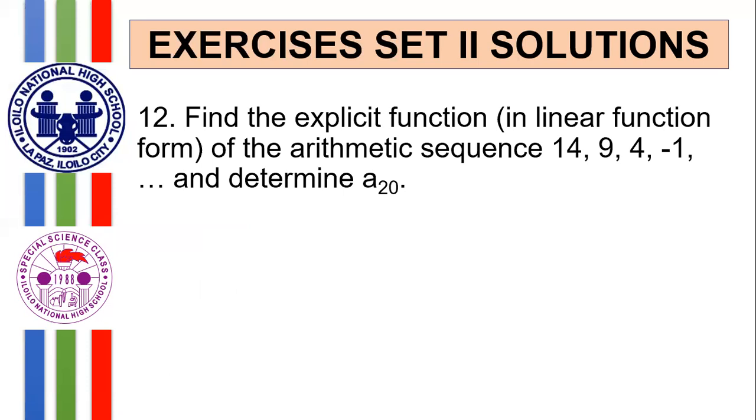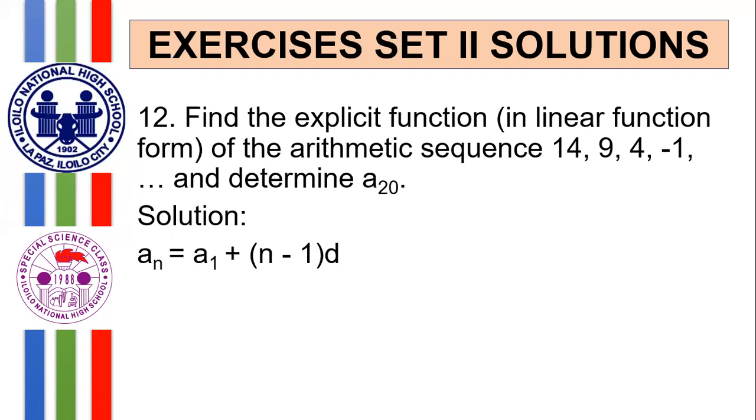For this, using again a similar process as in number 11, we could see that 14 here is our first term. And to determine the common difference, it is negative 5 rather. You could see that 9 minus 14 is negative 5. 4 minus 9 is negative 5. Negative 1 minus 4 is negative 5, and so on.